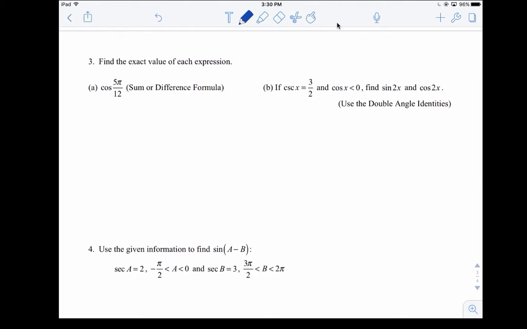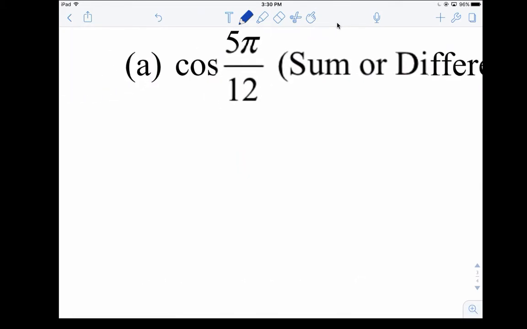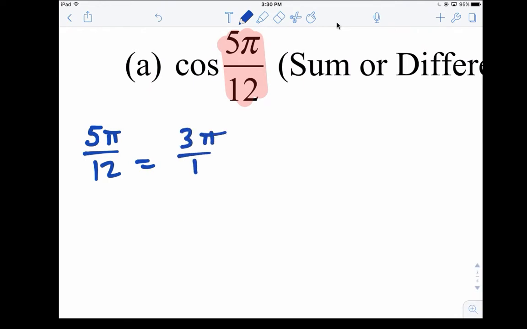Okay, number 3. It says find the exact value of cosine of 5 pi over 12. Use a sum or difference formula. So I need to think of 2 angles that add together that give me 5 pi over 12. So 5 pi over 12 is the same thing as 3 pi over 12 plus 2 pi over 12.